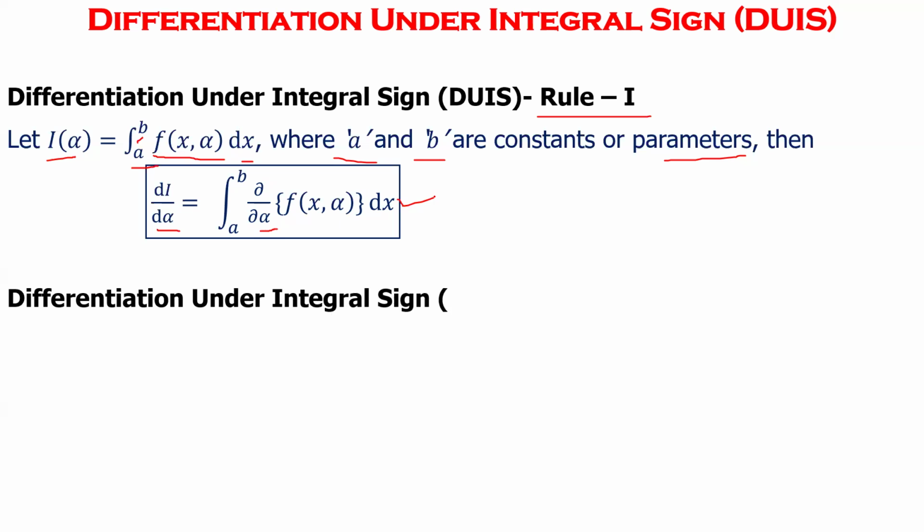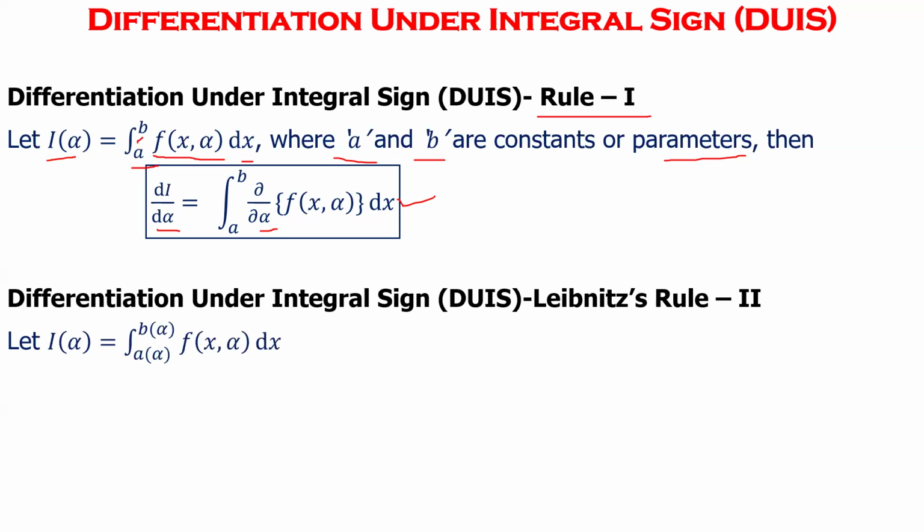Now, differentiation under integral sign, the Leibniz rule, which is also called DUIS rule number 2. Let I of alpha be equal to the integration of f of x, alpha under the limit a of alpha to b of alpha with respect to x, meaning a depends upon alpha and b also depends on alpha, where a and b are functions of alpha.